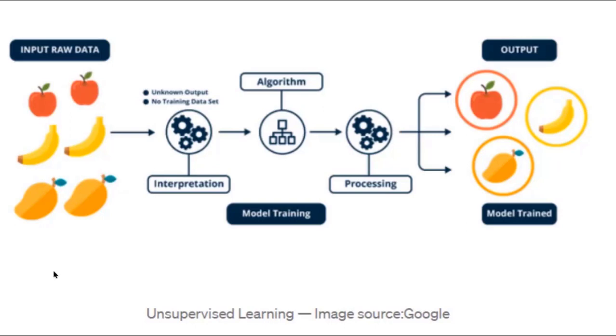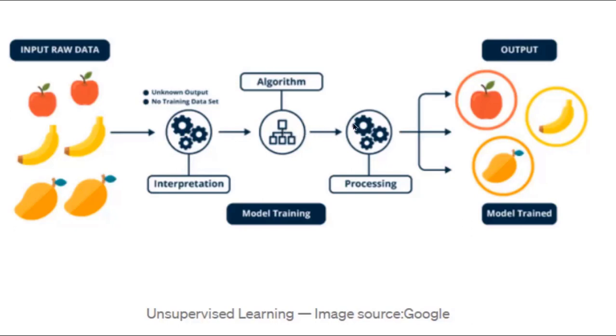The next type of machine learning is unsupervised learning. Unsupervised learning is used for clustering. In this type of machine learning, we give unlabeled data to the system. We don't tell what each data point is, and allow the algorithm to find some structures in the data.